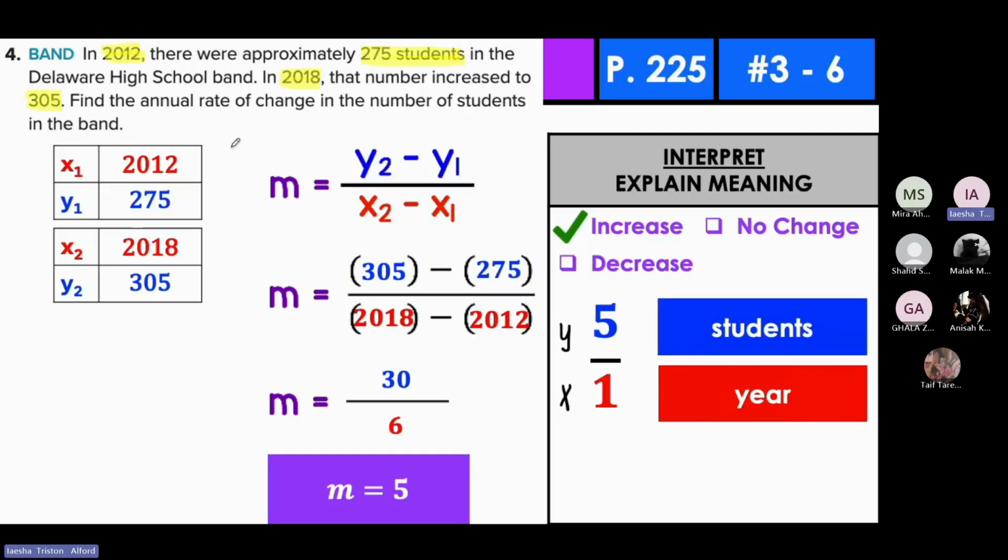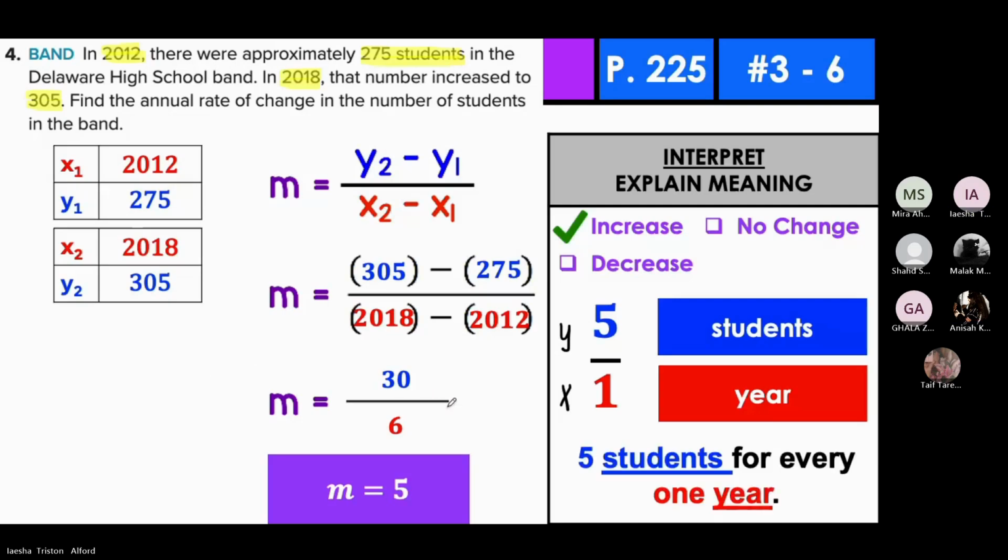Like right now, it's 2025, the year, right? So this year, 2012, and this year, 2018. So year. Can you say the meaning? 5 students for every 1 year. So it's increased 5 students for every 1 year.